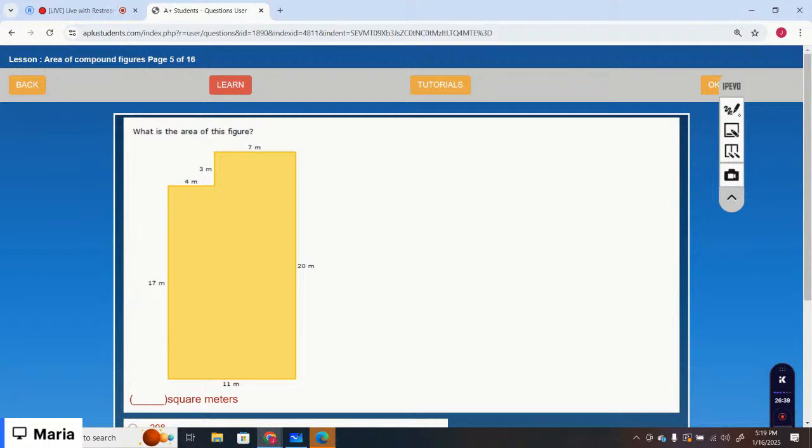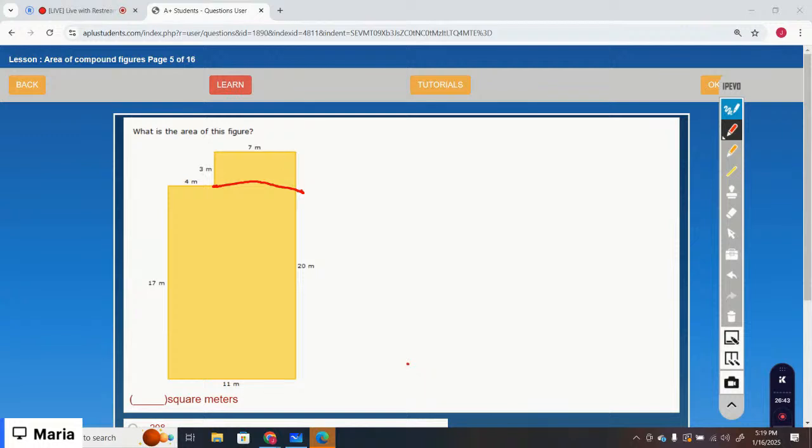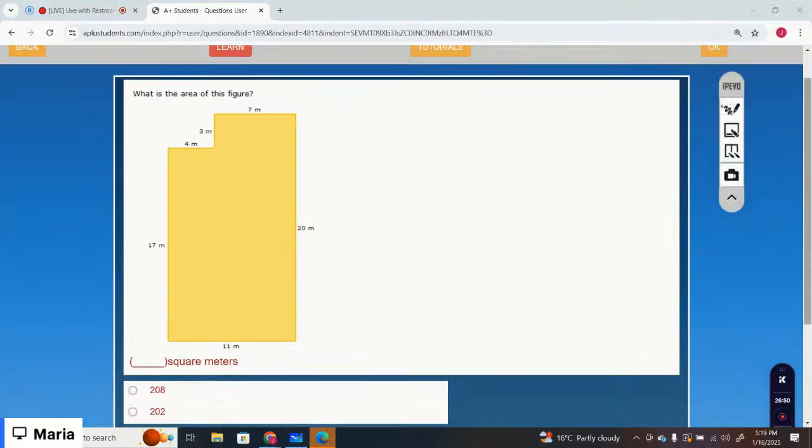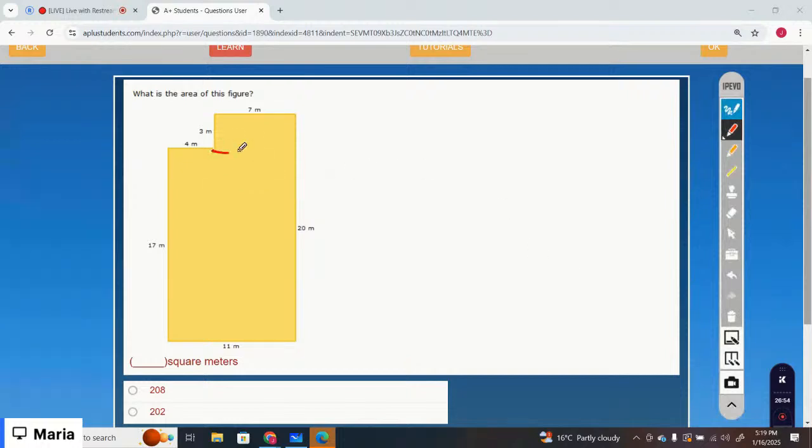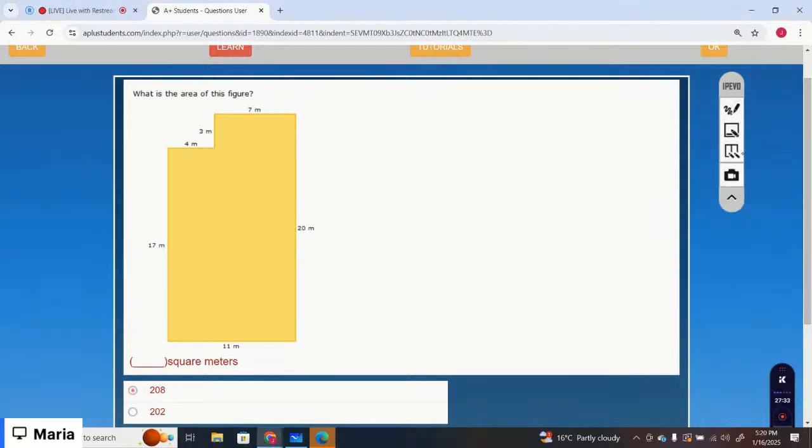What is the area of the figure? Which is the correct option? Option number 1 is the correct option, that is 202.